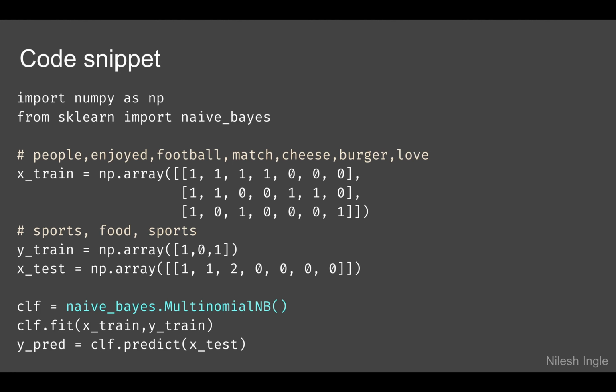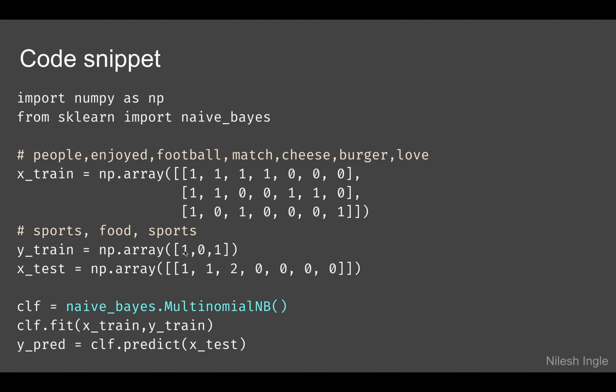And finally, for the code snippet, we have a new library, which is Scikit-learn. From Scikit-learn import naive_bayes. For data sets, we have the x train array and y train, and each column could be the counts for the words people, food, enjoyed, football, match, cheese, burger, and each row could represent a document, and the y is the class to which each of those rows belongs.